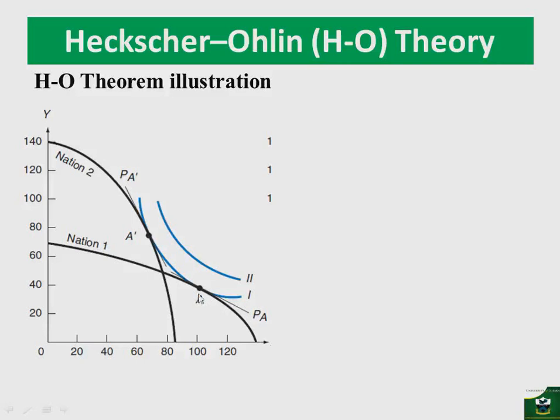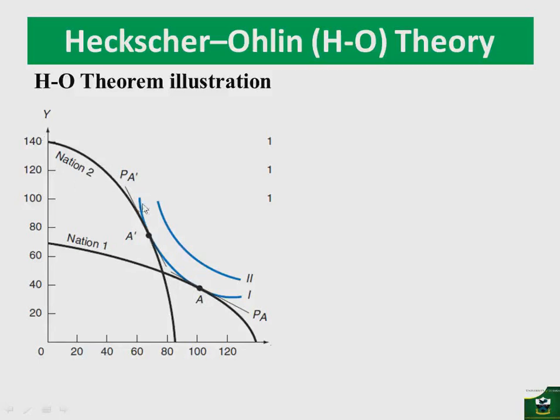Now, if you measure the slope at point A, you will notice that the slope here will be smaller than the slope measured along this indifference curve, which means that Nation 1, which is at point A, has a comparative advantage in the production of commodity X, while Nation 2 has a comparative advantage in the production of commodity Y.